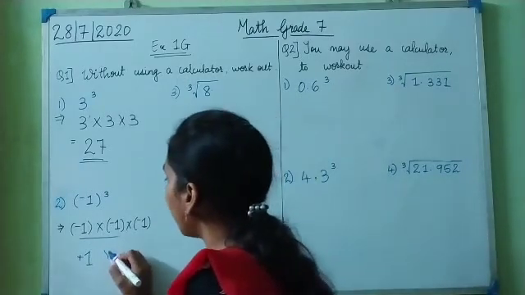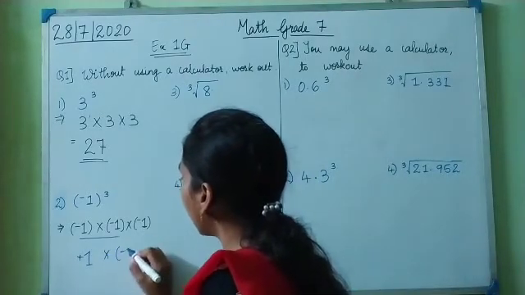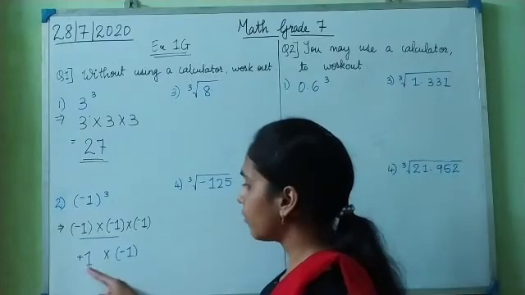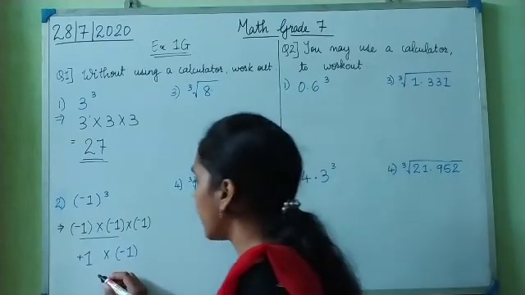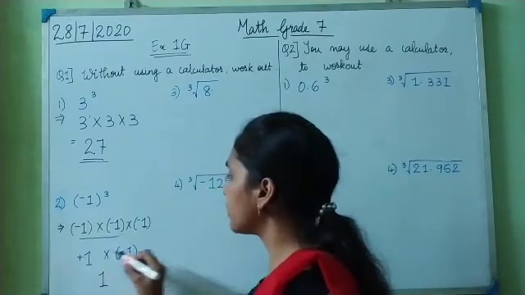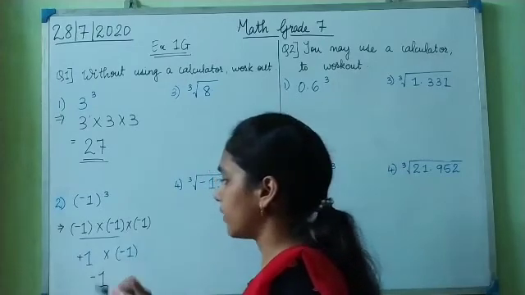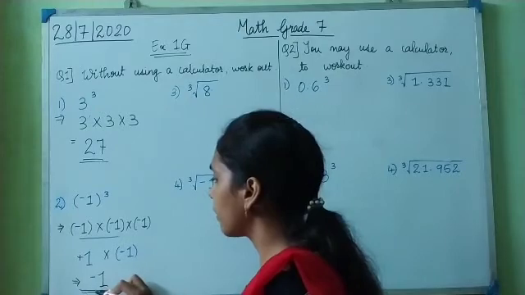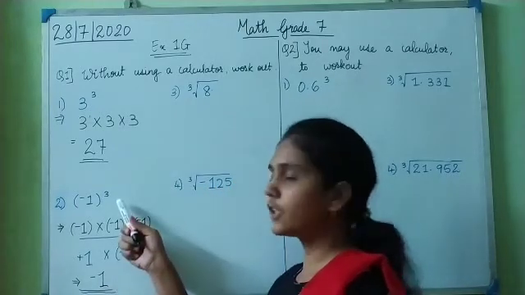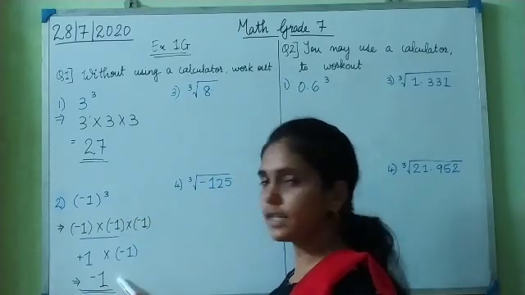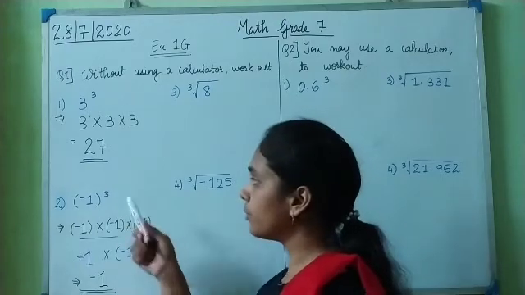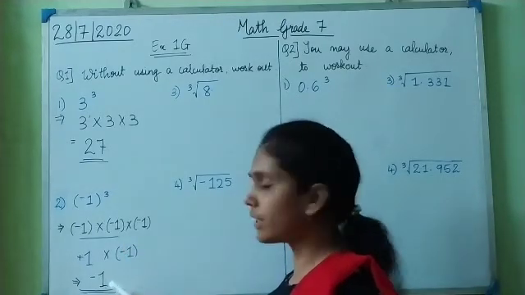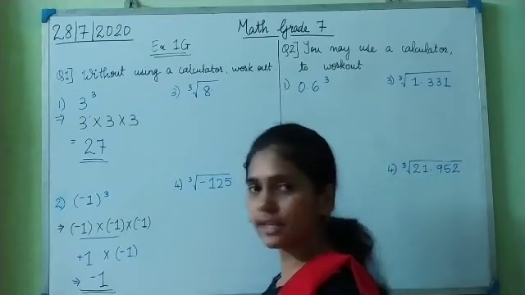And when we multiply it by the third negative 1, the answer will be what? 1 into 1 is 1, and positive into negative is negative. Okay. So this answer is -1. So the cube of -1 is -1. So from this we see that the cube of any negative number is also negative. The answer is negative here.